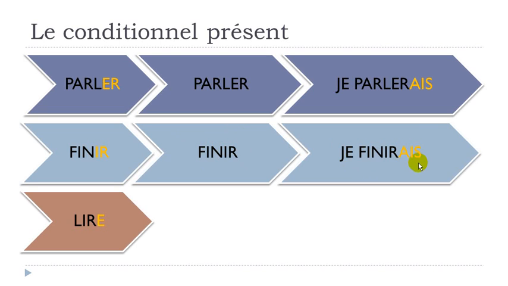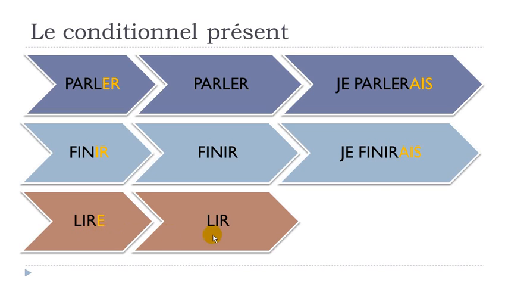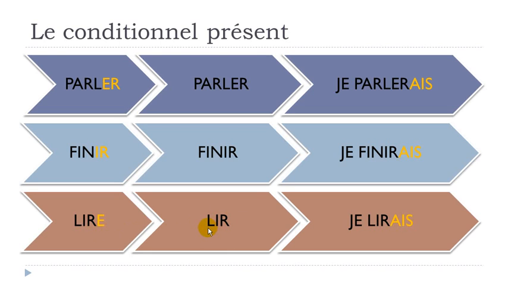Okay? For the third group of verbs, of course, we will have some exceptions. We'll see that a bit later in this lesson. But still, the main rule is if it's ending like lire, to read, with this final e, the idea is that you will take this away, as we quite usually do in French, and after that you will add your ending.